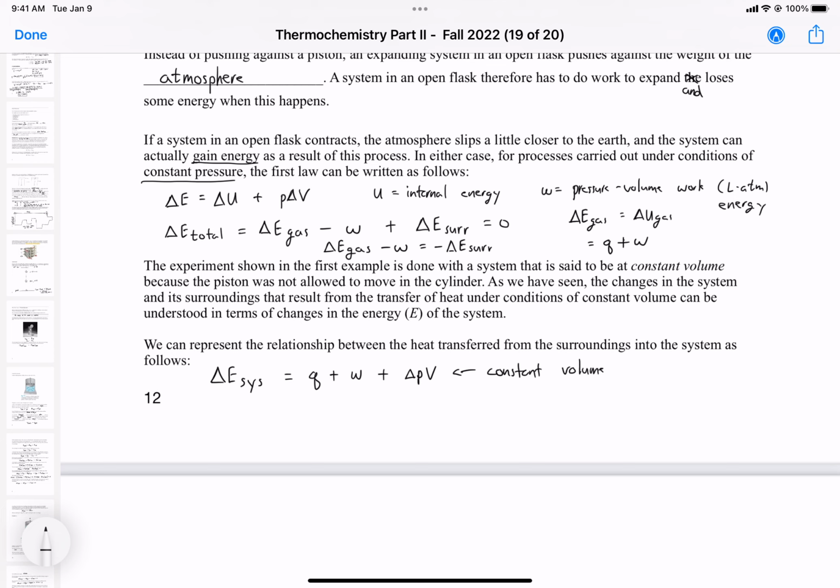Now, we know that in a constant volume relationship, no work is done. So we could simplify this equation to delta E of the system equals Q V. Okay, and that just denotes it's done at constant volume. So we're going to put constant volume here.